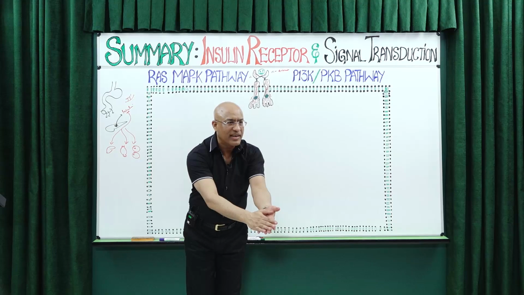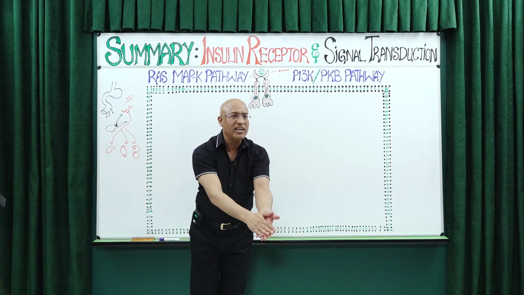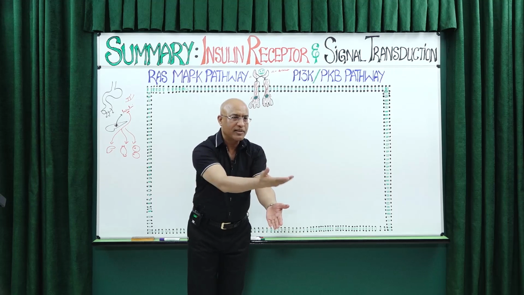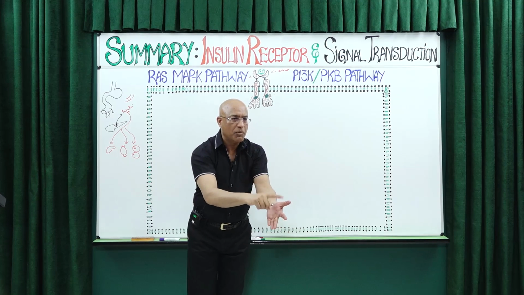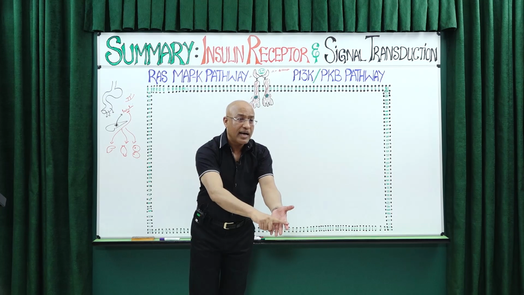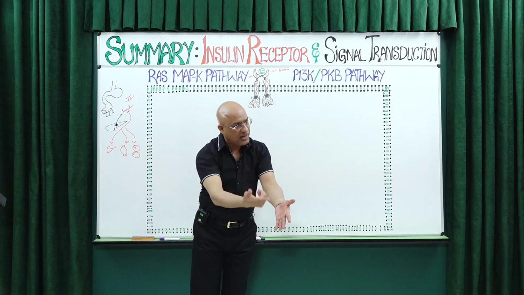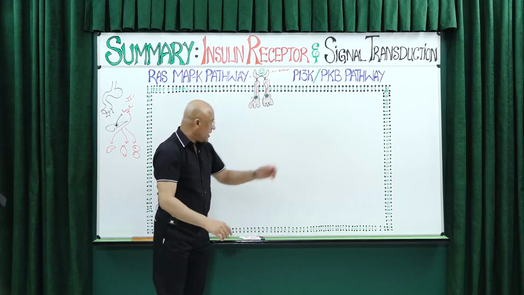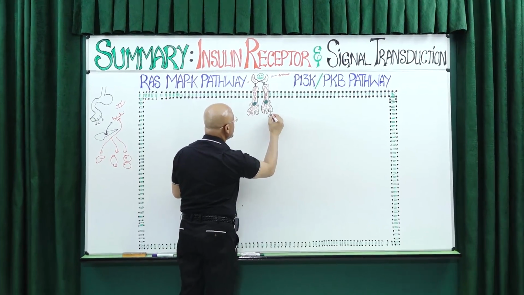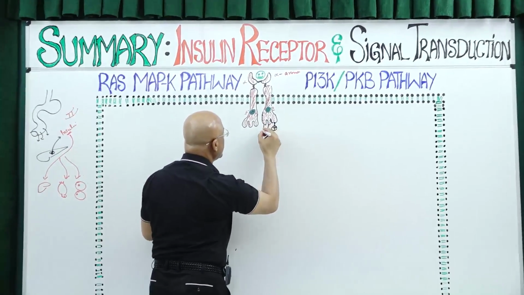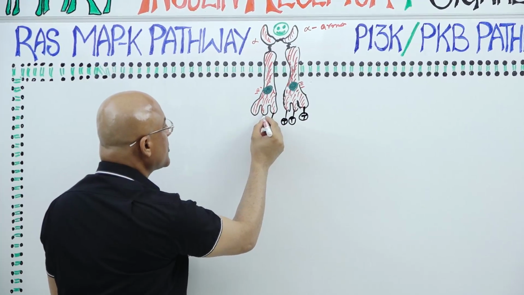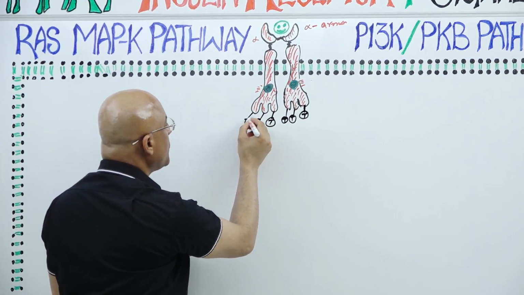Once it finds them, it will plaster on phosphate: it will take ATP, convert it into ADP, and the phosphate will be bound to the tyrosine residues of the other beta subunit, and we say there is tyrosine phosphorylation. If this is a tyrosine residue here, and another here, and another here, I am showing 3 tyrosine residues here and 3 tyrosine residues here.